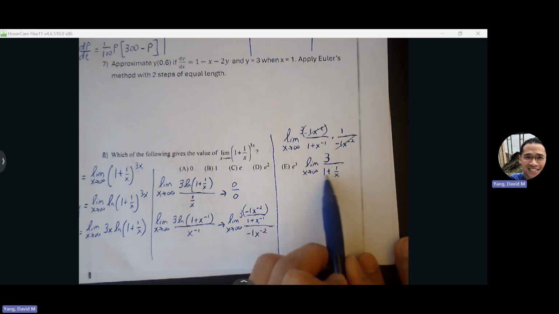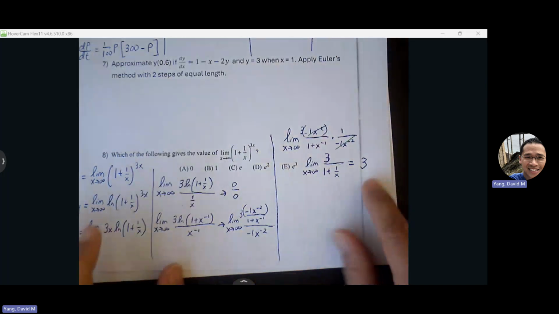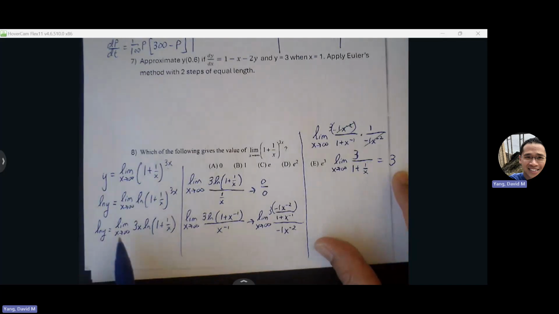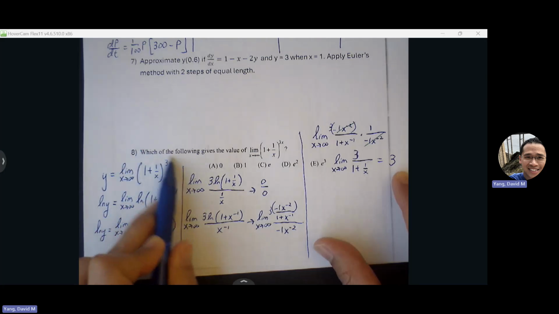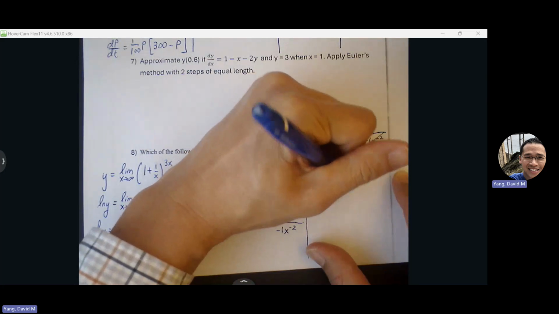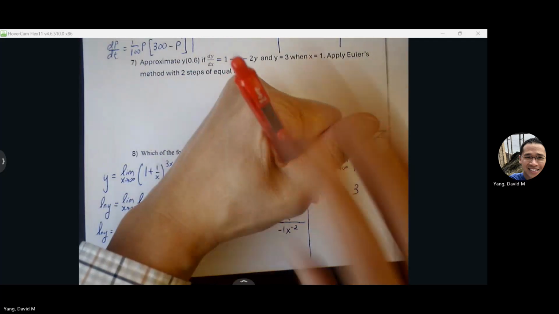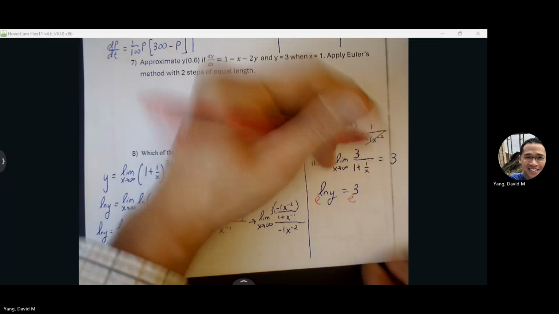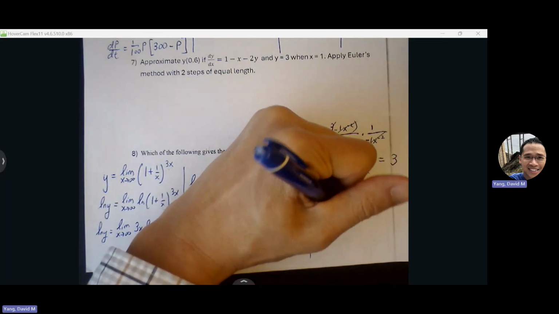So I'm basically left with 1 plus 0, which is 1. 3 over 1 is 3. So we have the limit on the right side, but we still have to resolve our goal. Our goal is to figure out what y is, because y is defined as the limit of this expression. So we're still stuck in that natural log. So raise both sides, e is the base. Y equals e cubed, and that's our limit.